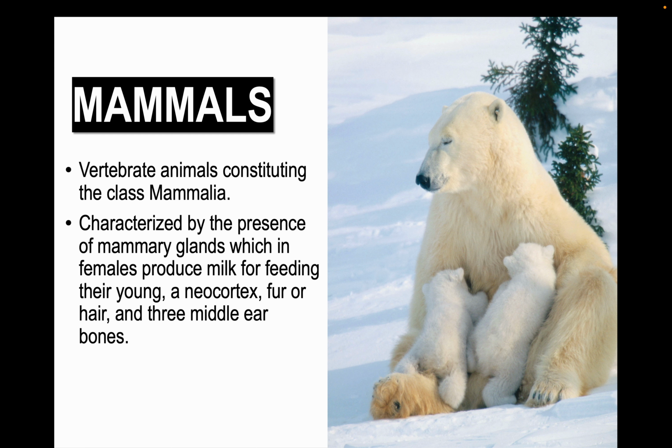The neocortical part of the brain is important for highly cognitive functions associated with survival, communication, and the ability to strategize, to interpret information and be able to respond appropriately. Also, mammals have fur or hair, and there are three middle ear bones found in all mammals.